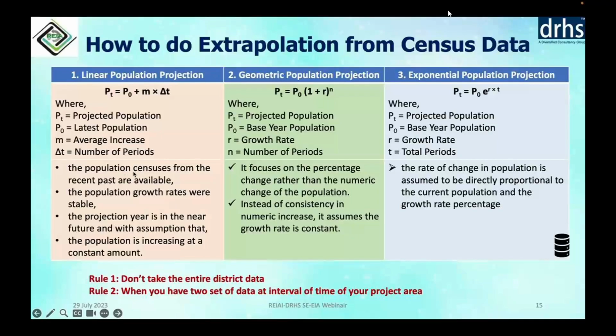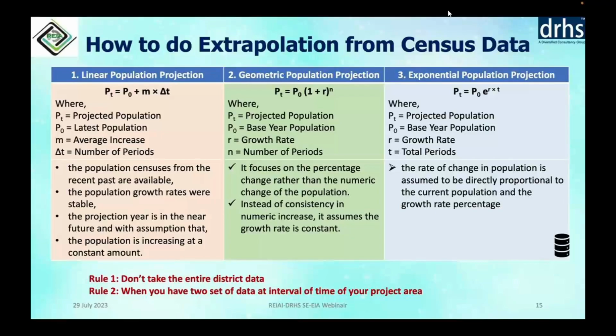Here the census population, recent and past, is available. Only then can you apply this. The condition I mentioned is applicable to all three formulas: the population growth rate is stable, and the projection is for the near future, with the assumption that all these conditions are satisfied in these two data sets, 2001 and 2011, from the same source, the census data.